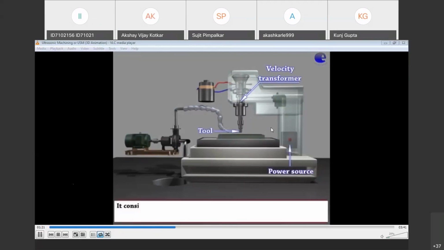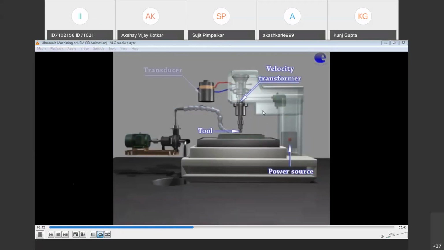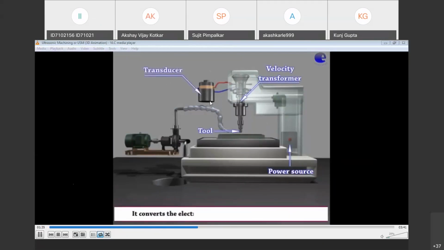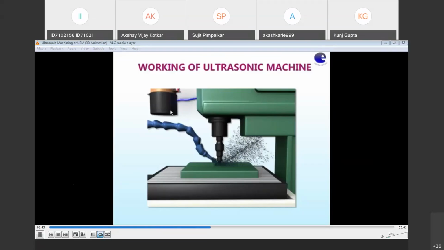Through this power supply, in the power source there is an electronic oscillator amplifier to regulate the energy for the transducer. The transducer converts electrical energy into mechanical vibration. After that, through this transducer, you are giving vibrating motion to your cutting tool.